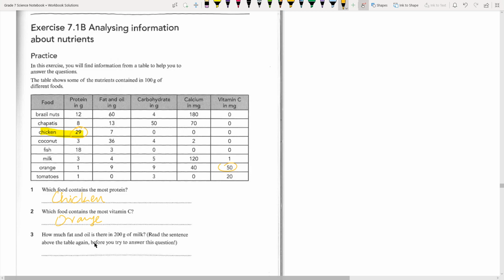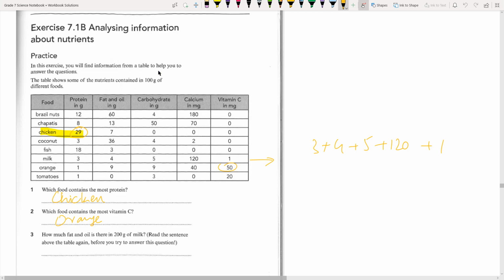And then how much fat and oil is there in 200 gram of milk, right? Now you do know that in total mass, if you just calculate the total mass for the milk, you can say that this is 3 plus 4 plus 5 plus 120, right? And then plus 1. This all adds up to the total amount of milk that we have, right?